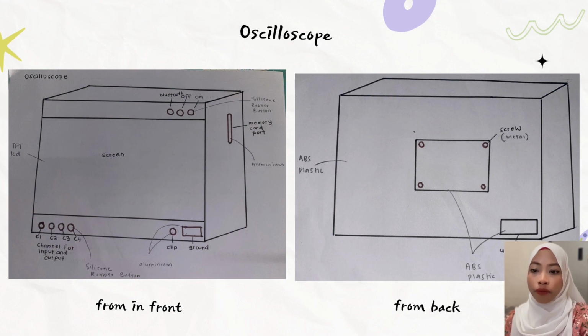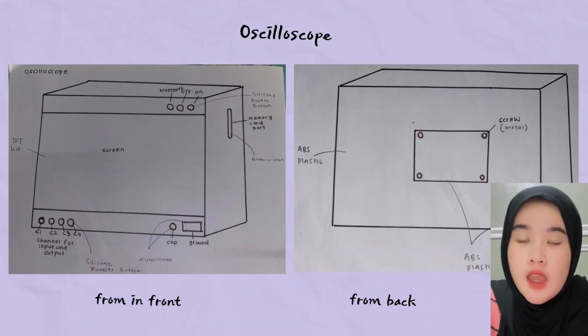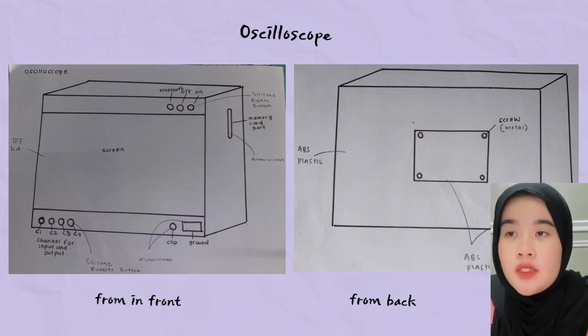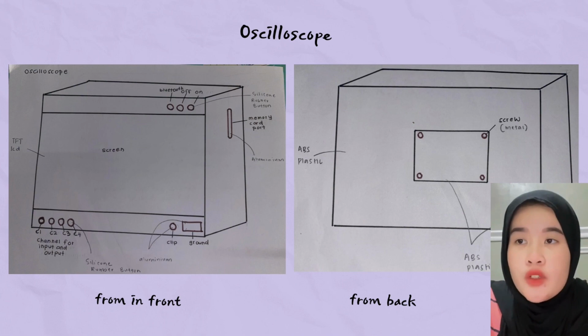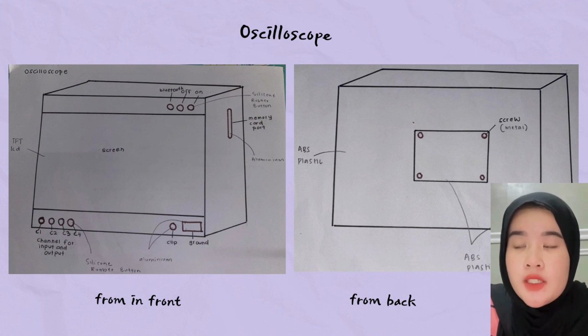Our new product comes in 4 colors: black, white, red and green. The function of the new oscilloscope is to display the waveform on the screen, to see values such as frequency, VPP, VRMS and time, and lastly to adjust the waveform on the screen using the remote.